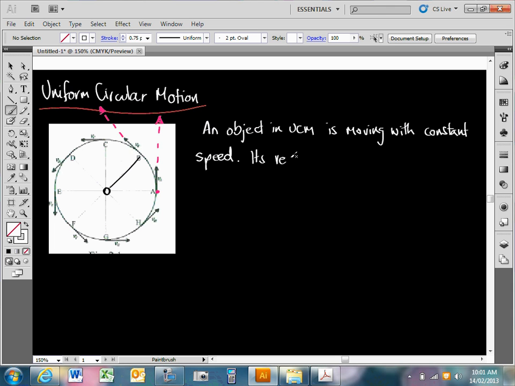Its velocity is what? What am I going to say? Is changing. What do I mean by that? Direction, yeah, that's right. In that the direction is constantly changing.